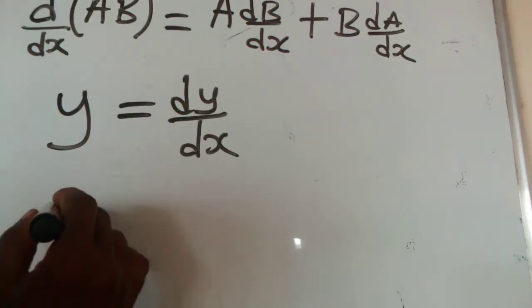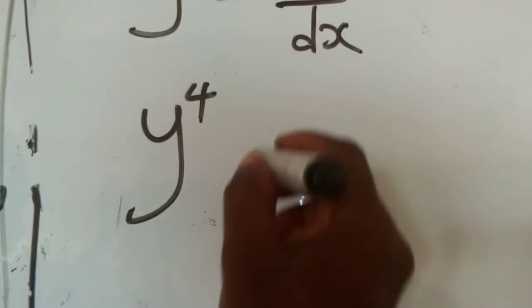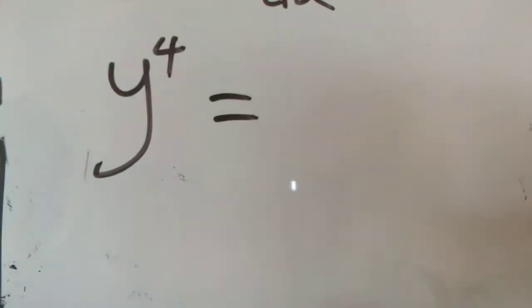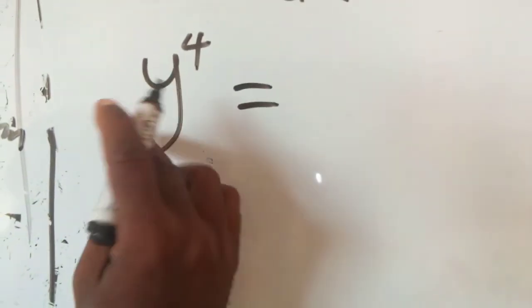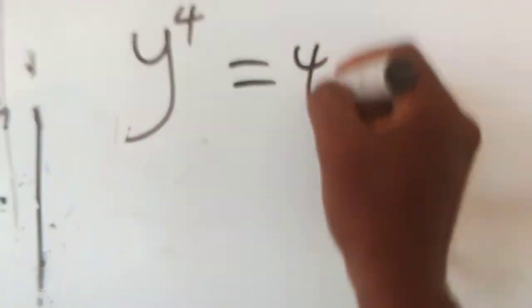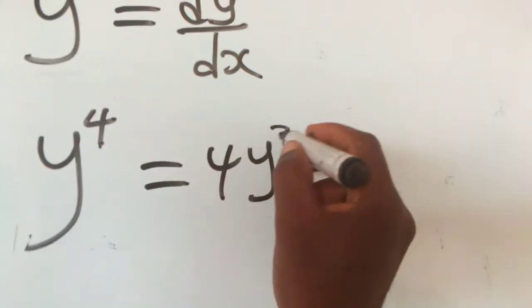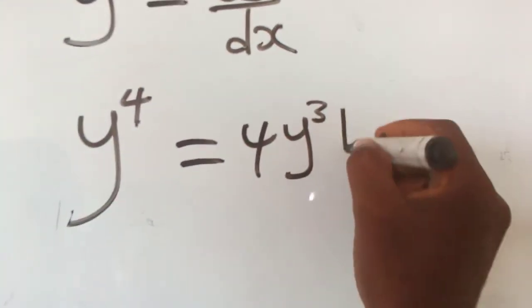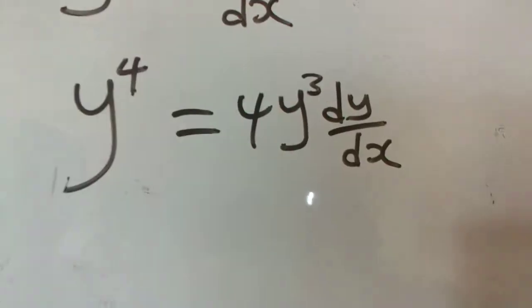But if you have y raised to power 4, if you differentiate, what will be the answer? You will just assume that this is x. So if you differentiate this as if it is x, it's going to give you 4 times y raised to power 4 minus 1, which is 3. Then after everything, you now say dy over dx. So you are going to use this to differentiate this.